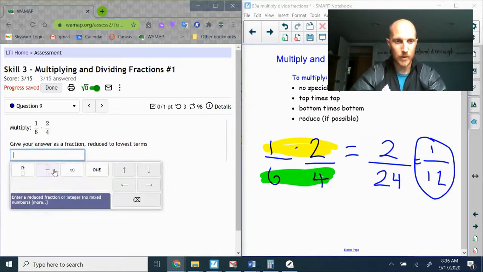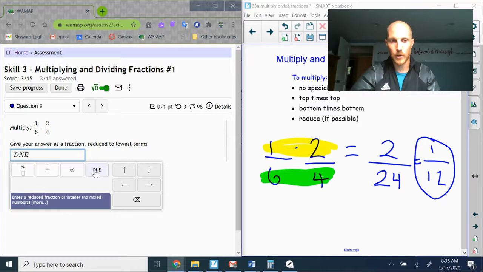The problem says give your answer as a fraction, reduced to lowest terms. That is exactly what I did. If you don't want to use the toolbar, there's what I was talking about a minute ago. Sometimes the DNE will show up as an option. You could just click that. That's not actually the answer I want in this case, but there's my demonstration. If you wanted to type this in as a fraction rather than using the toolbar, for some people you find it faster, that's totally fine on the keyboard.